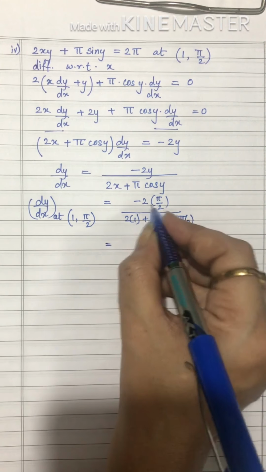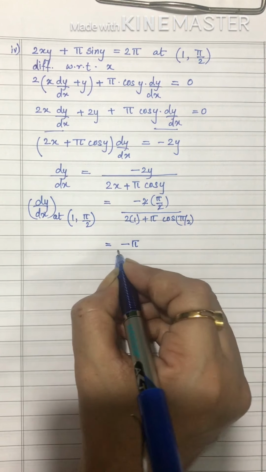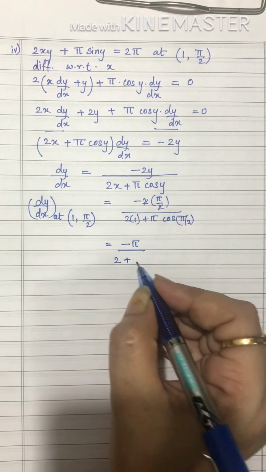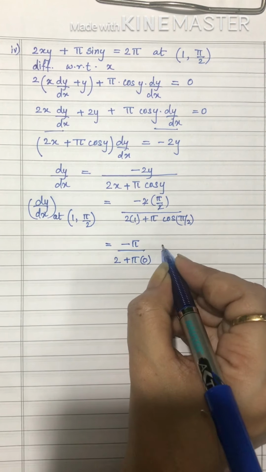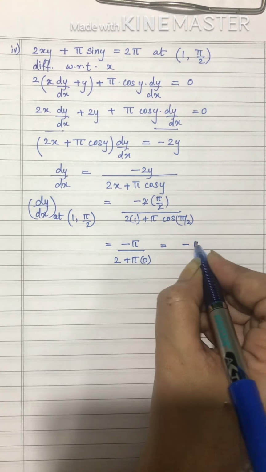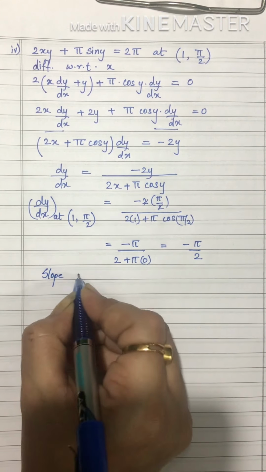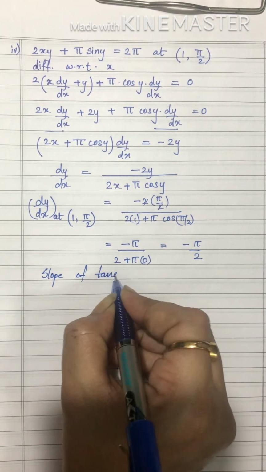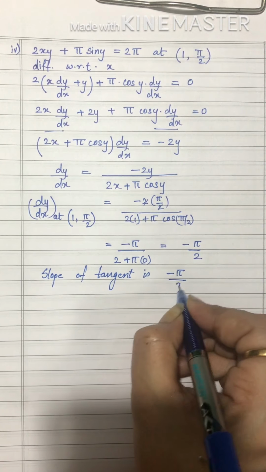Okay, so here 2 gets cancelled and we get minus pi upon 2 plus, now pi into cos pi by 2 is 0, so we get minus pi upon 2. Okay, slope of tangent is minus pi by 2.